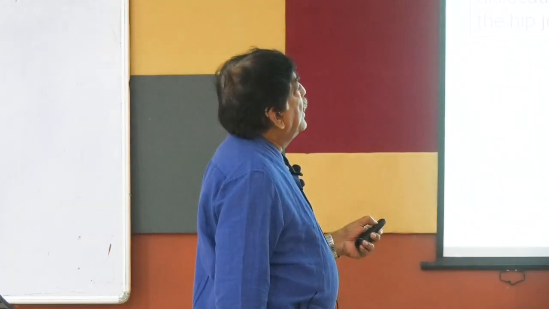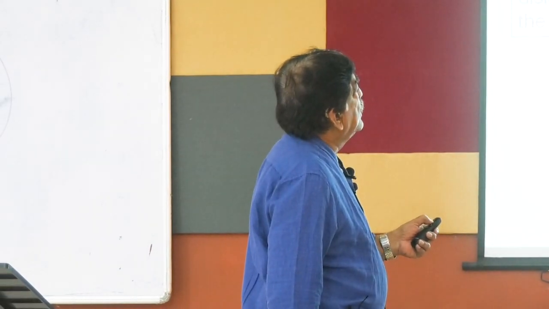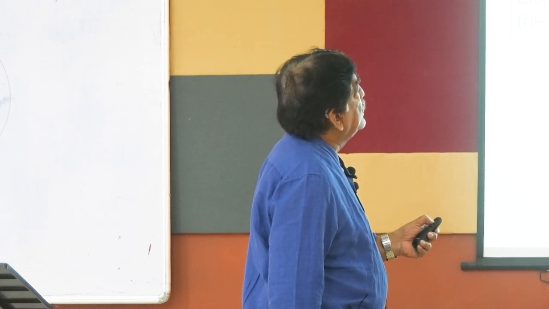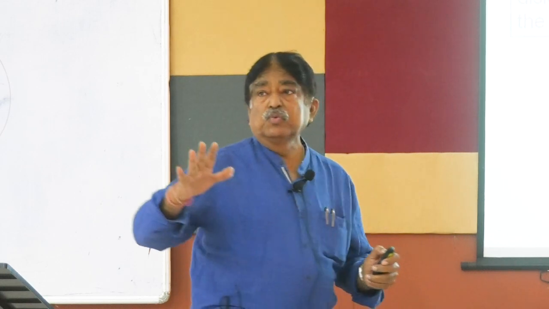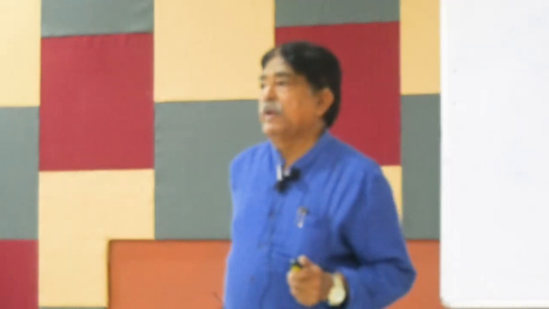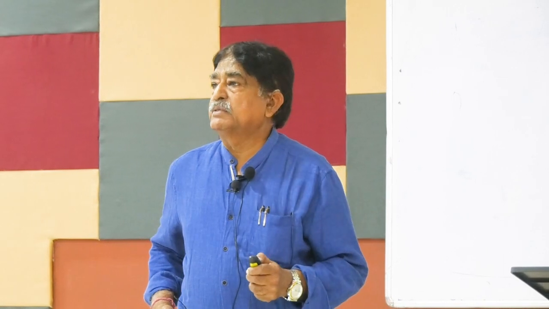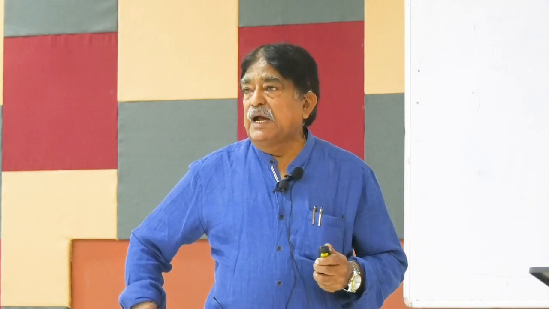Now, this is the area for injection. This is the tubercle of the iliac crest, anterior superior iliac spine. So when you give an injection, don't put it in anyhow. You identify the bony landmarks, and then you put your finger like this, and then put the injection.